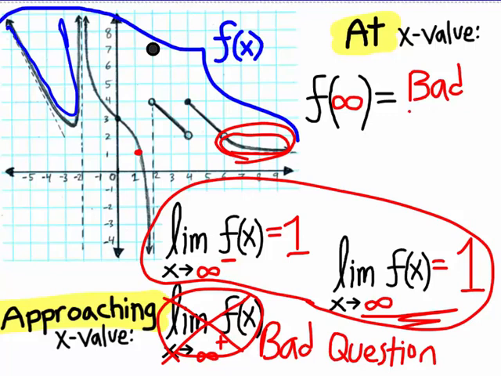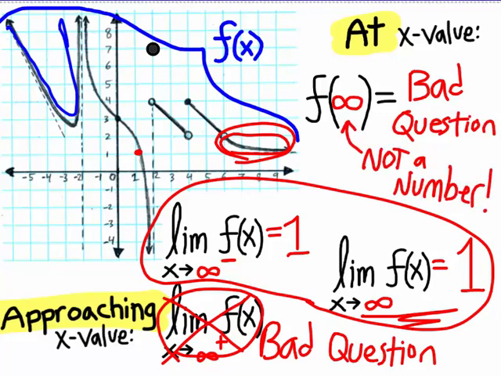This is a bad question because infinity is not a number. When plugging values into the function, you can only plug real numbers into functions. Well, at least at this level of math, until you get into complex numbers and such. But since infinity is not a number, that is another question that I don't think you'll really see in textbooks. But if I ask you that, I want you to say, bad question, disqualified.